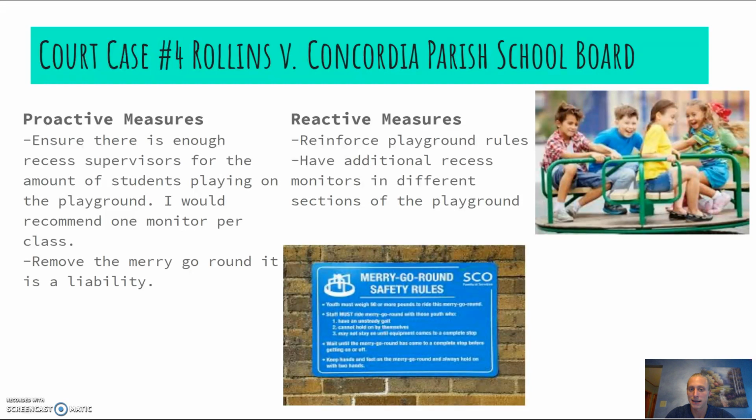And lastly, for a reactive measure, I would have additional recess monitors in different sections of the playground. So let's say there's 3, one would cover the playground area, one would cover the grass areas of the fields, and one would cover the basketball courts, or however it's set up.